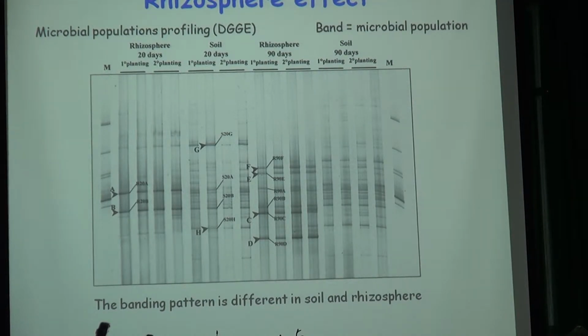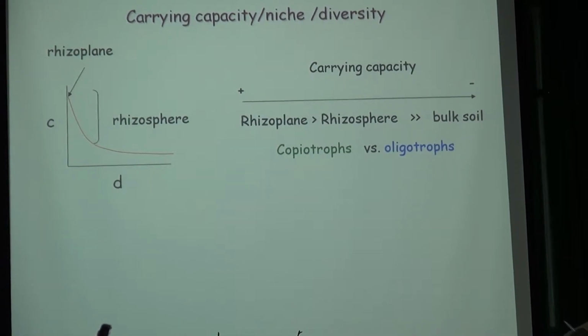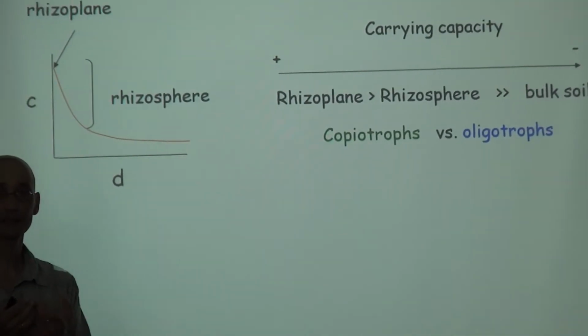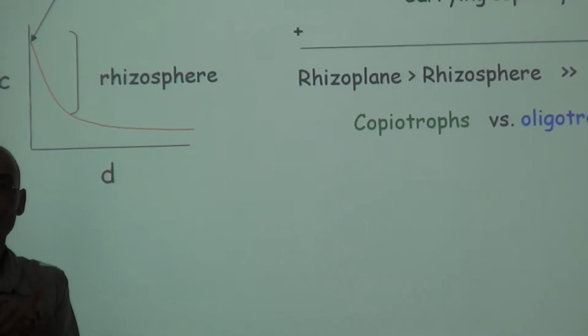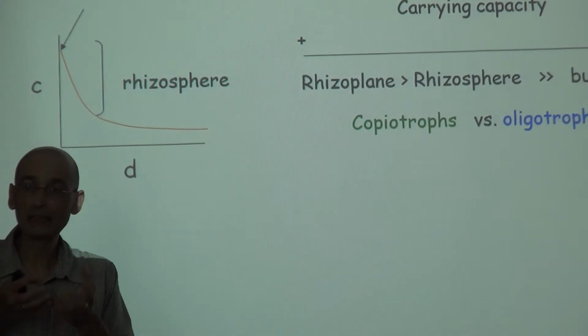Okay. So this shows you that the effect is not only quantitative, it's also qualitative. Now, we can also define these effects in ecological terms. If you have more bacteria residing in the rhizosphere than residing in the bulk soil, it means that the carrying capacity, how much this particular environment can provide, what is the population that can live in this environment?